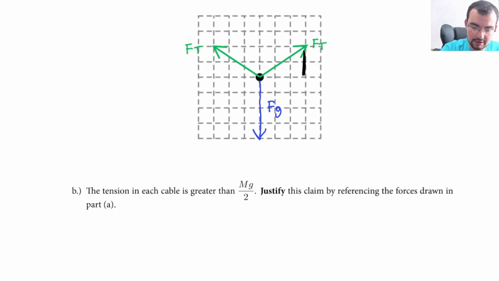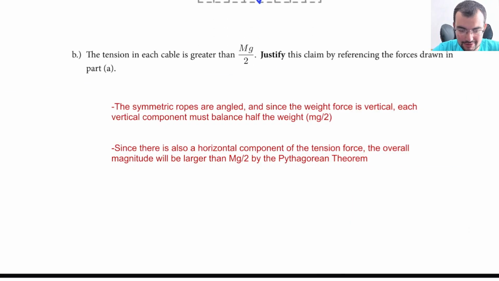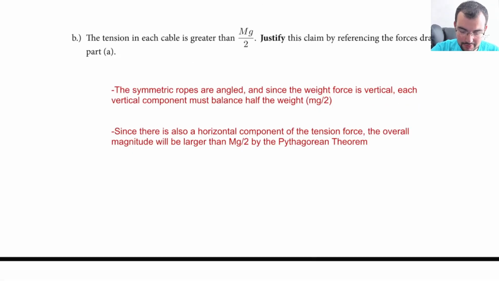So yes, the force we care about in each cable is mg over 2, but there's some extra wasted force that's the horizontal component, so we get some sort of hypotenuse, meaning the cable will have a greater force magnitude than mg over 2. So the vertical component each balances half the weights, but there's always also a horizontal component here, so the Pythagorean theorem gives us a greater than mg over 2.